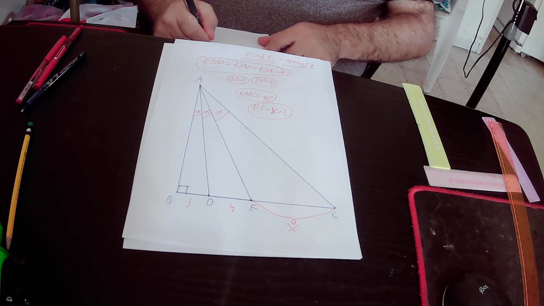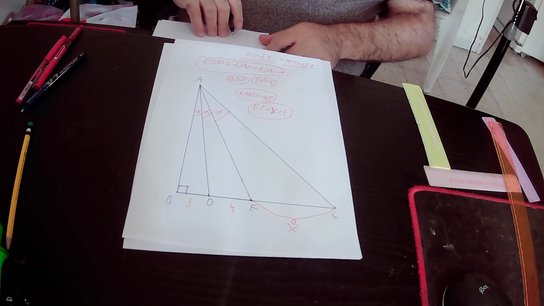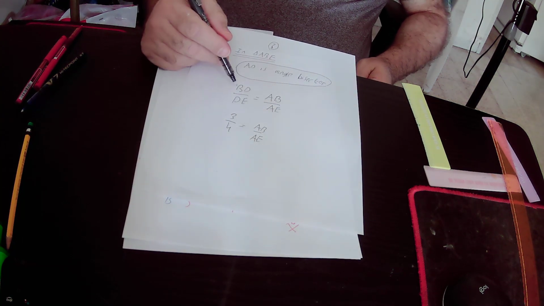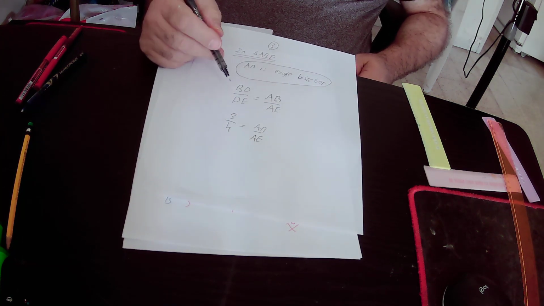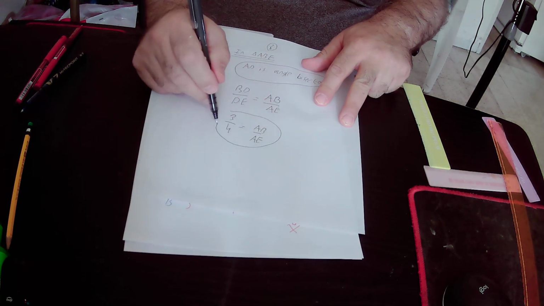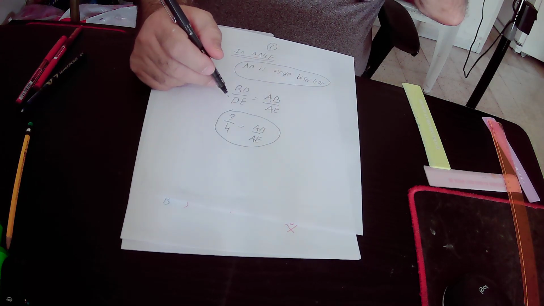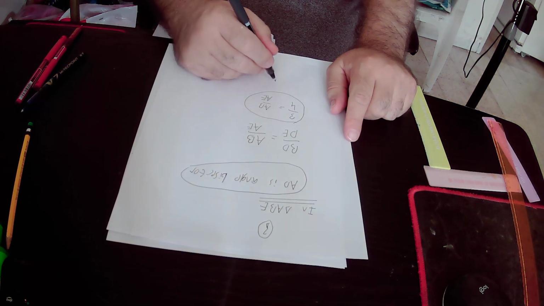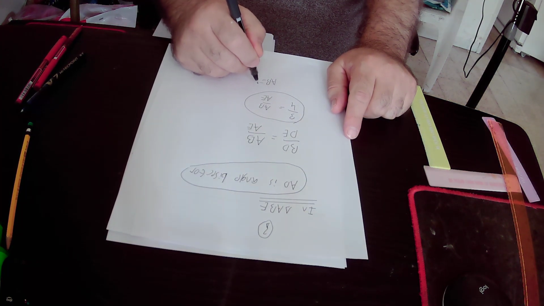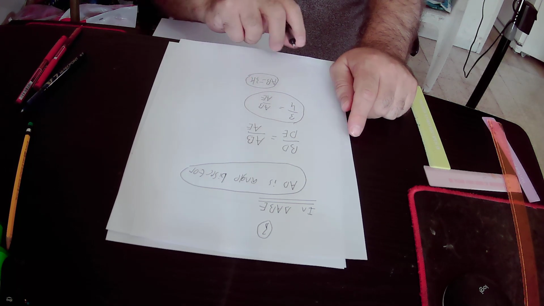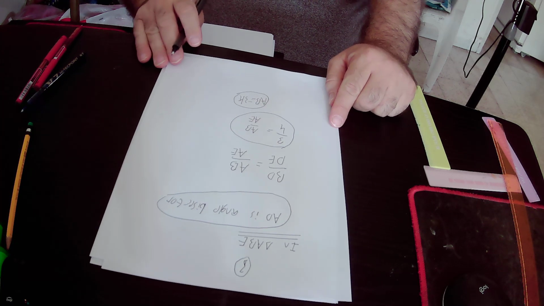So we got that AB over AE equals 3 over 4, because BD equals 3 and DE equals 4. Here we will define AB as 3K.